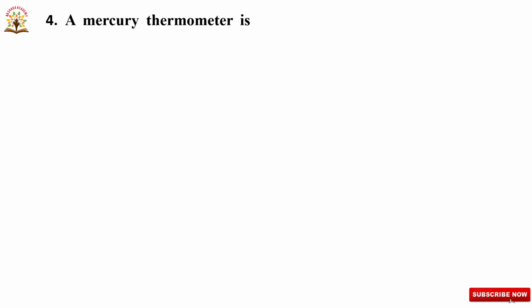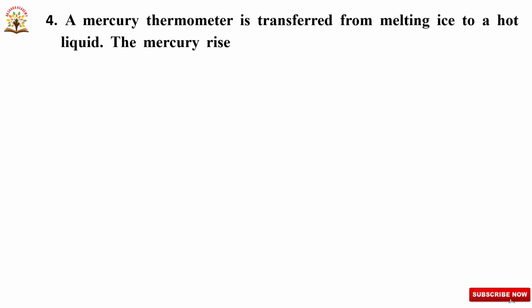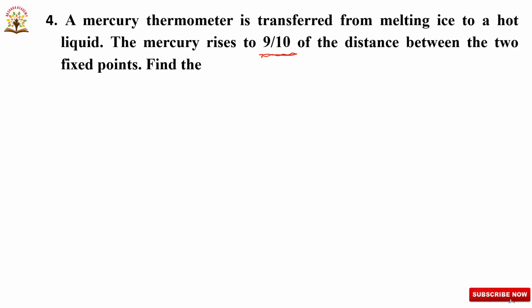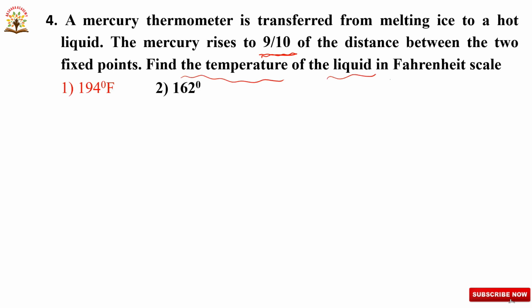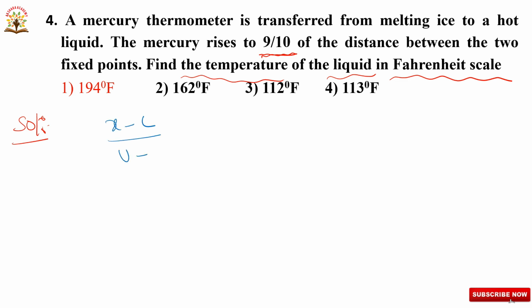A mercury thermometer is transferred from melting ice to a hot liquid. The mercury rises to 9 by 10 of the distance between two fixed points. Find the temperature of the liquid in Fahrenheit scale. Okay, now let us go to the solution. From this formula we are writing X minus L by U minus L is equals to F minus 32 by 180.